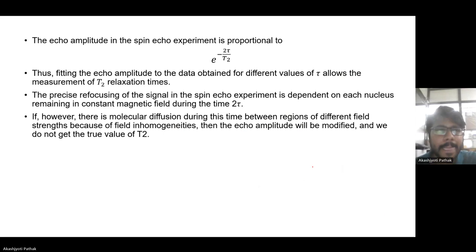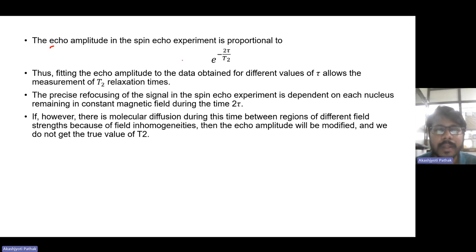Now, another important thing is that the echo amplitude in the spin echo experiment is proportional to e to the power minus 2 tau by T2.